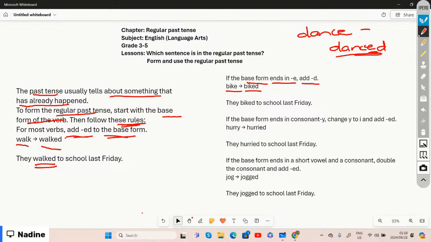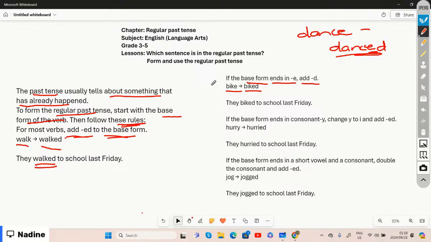All right. So now if we look at another word, with regular past tense, we follow the rules where we either add an ed or a d. So we have words like jumped, and we have words like danced, and we have words like walked and talked and looked.